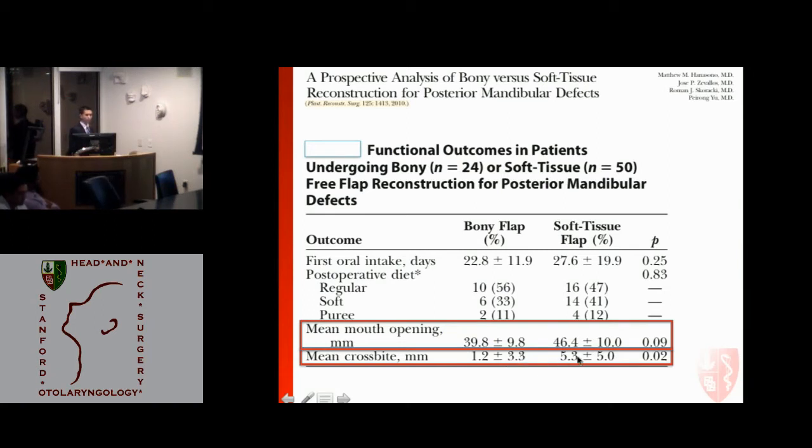So patients who receive only a soft tissue flap reconstruction, so their mandible is swinging, had markedly increased crossbite. And that makes sense because the pterygoid musculature on the contralateral side to the disease side is pulling everything medially, and if you don't have that structural support on the side that you're reconstructing by placing bone in, it's going to deviate more.